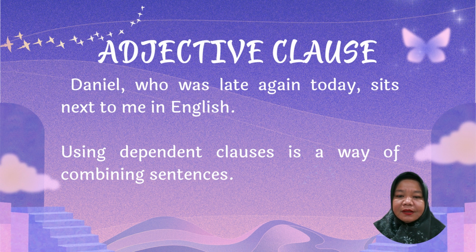For example, Daniel, who was late again today, sits next to me in English. Using dependent clauses is a way of combining sentences. Daniel was late again today, and Daniel sits next to me in English. Same as Daniel, who was late again today, sits next to me in English.